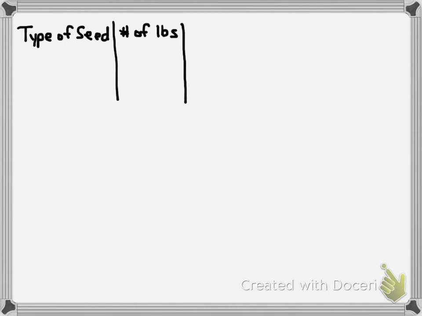So let's start by organizing the information in a table. We have the type of seed, the number of pounds, the cost per pound, and the cost of seed.